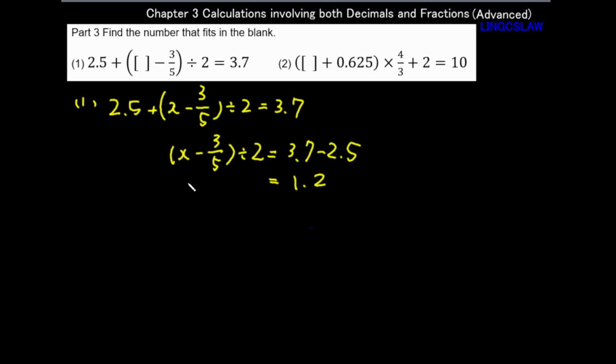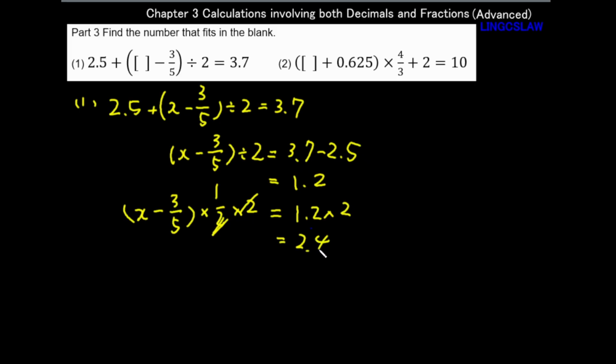Next, let's multiply both sides by 2. So x minus 3 over 5 divided by 2 is 1 times 1/2, and I multiply both sides by 2. As a result, this will be deleted, and 1.2 times 2 equals 2.4.